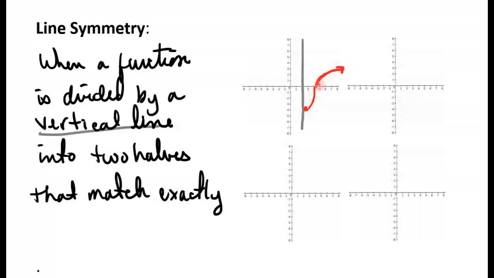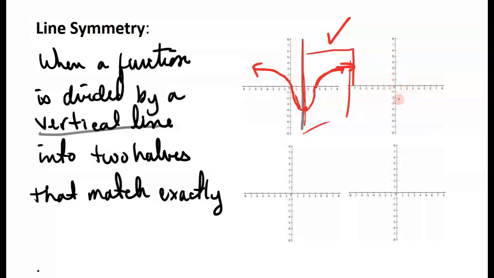If I want this function to have line symmetry, then I need it to match on the other side exactly. Now, by hand, I'm not going to get this perfect, but that would have line symmetry. If I took this side and put a mirror down as this vertical line, the other side matches it exactly. So this has line symmetry.